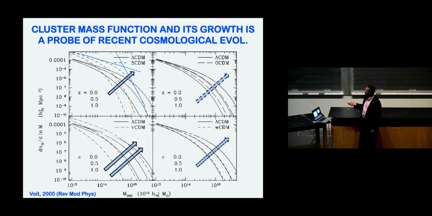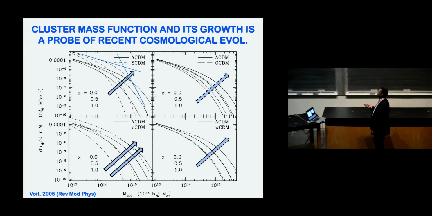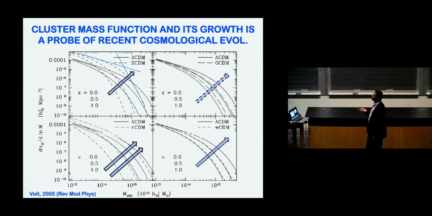But the main thing that I want to highlight here is I have shown on this plot 1, 2, 3, 4, 5 cosmological models. The details of these cosmological models are actually not important.